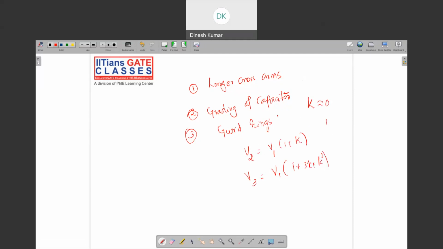So what if this k is nearly equal to 0? That means V1 equals V2, everything will be at the same potential, right? So what is this k? K is basically C1 equal to some k times C, right? So that means this series capacitor or the capacitance to the ground should be very, very small. If this is very small, then this can happen.